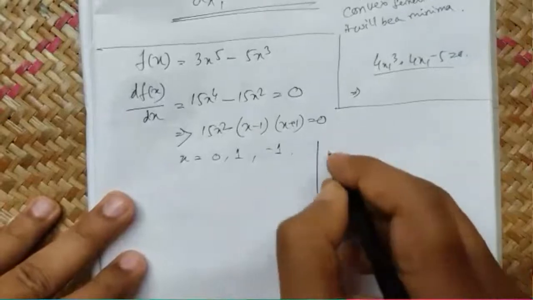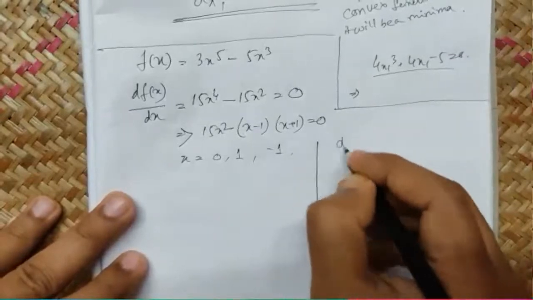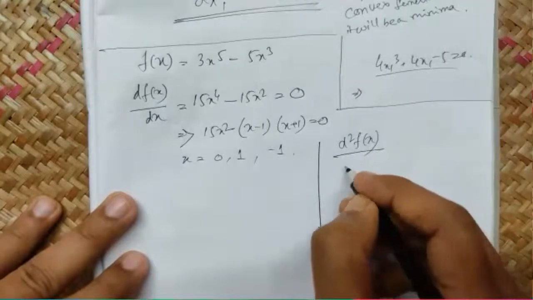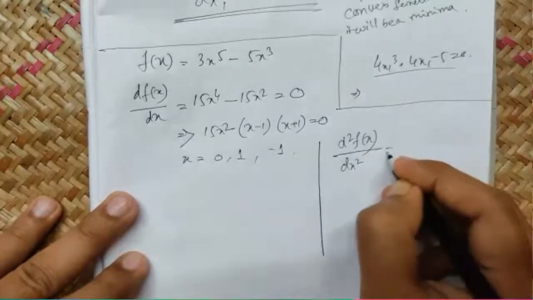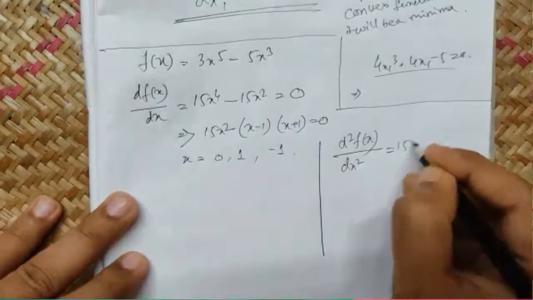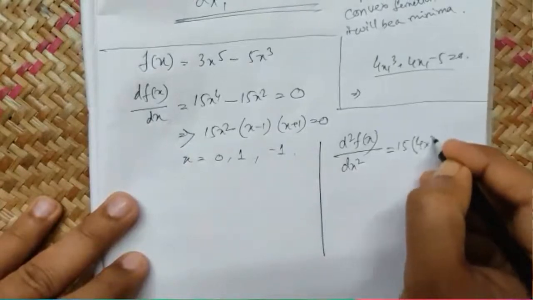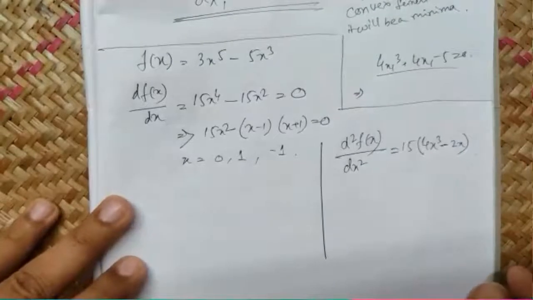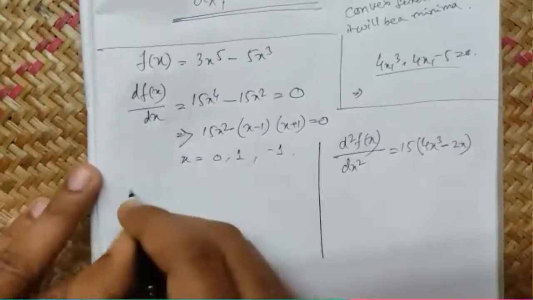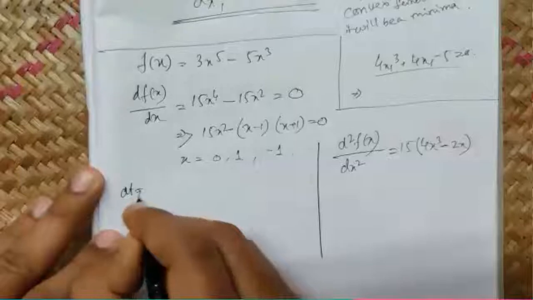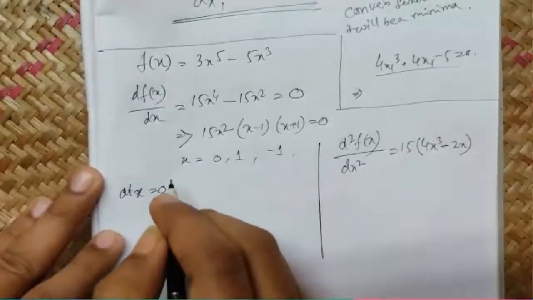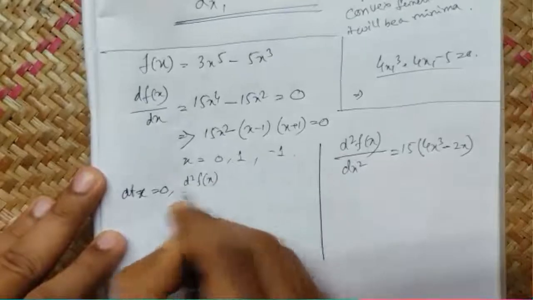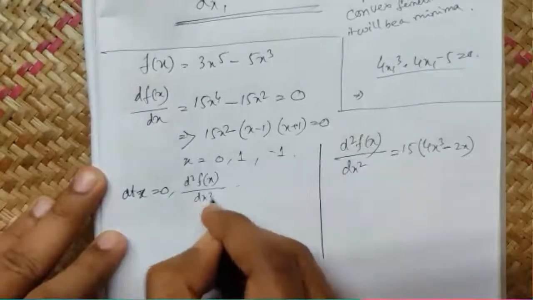Now we apply the sufficient condition. The sufficient condition says the double derivative of f(x) with respect to x will give you 15 into 4x cubed minus 2x. Okay, so at x equal to 0, look carefully, the double derivative is 0.